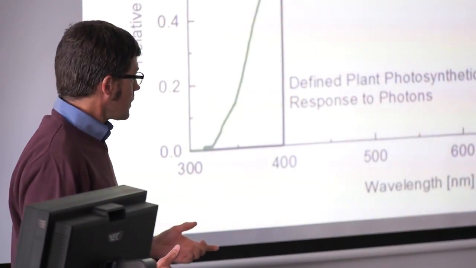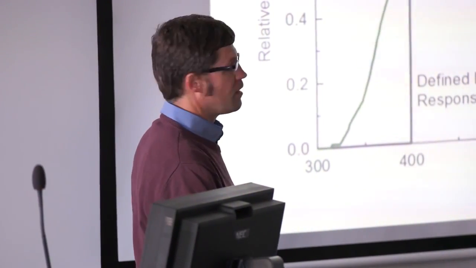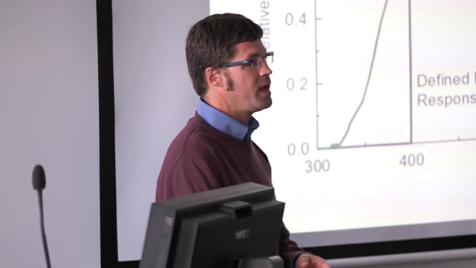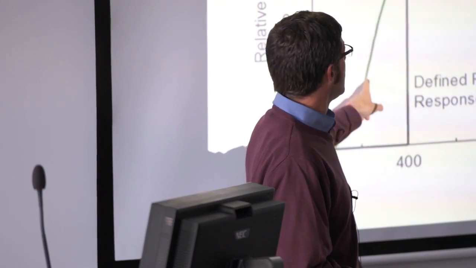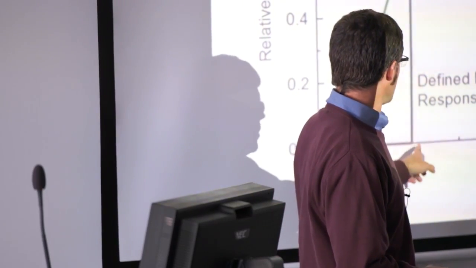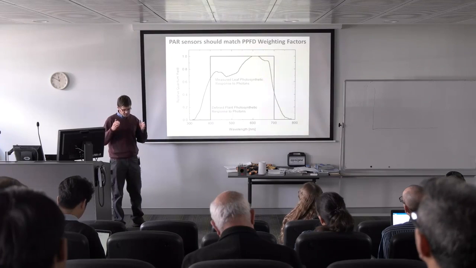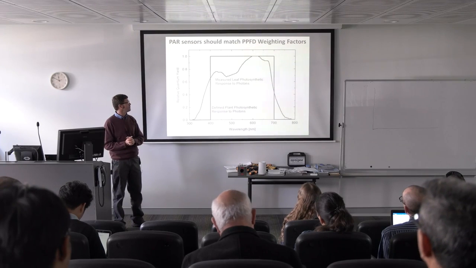So a more useful and universal definition of photosynthetically active radiation is, rather than trying to weight measurements of PAR by this green line, we just assume that all the photons between 400 and 700 nanometers are equally efficient at making photosynthesis happen in plant leaves.